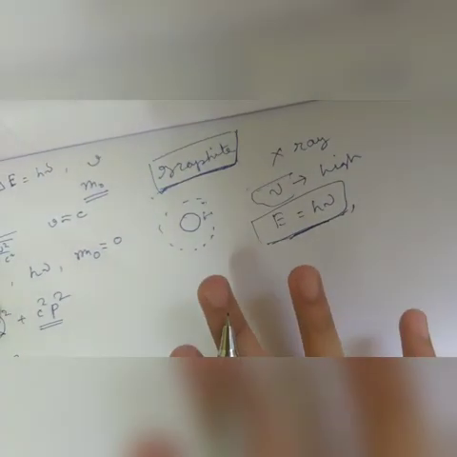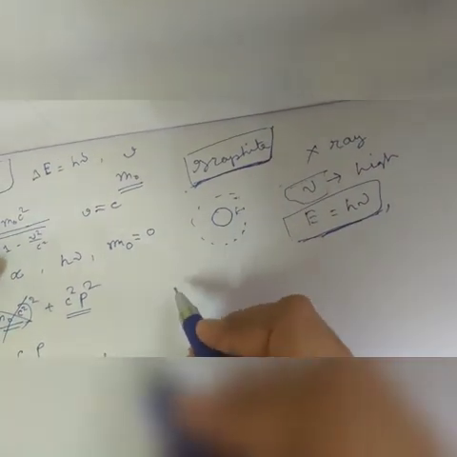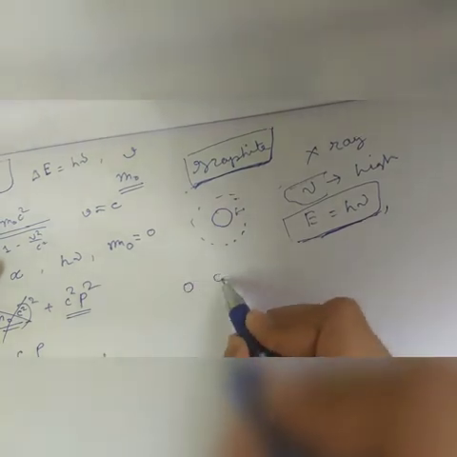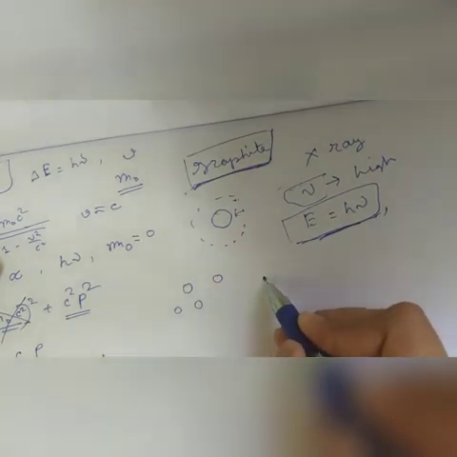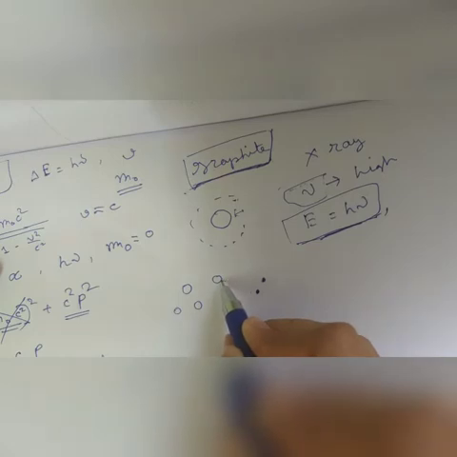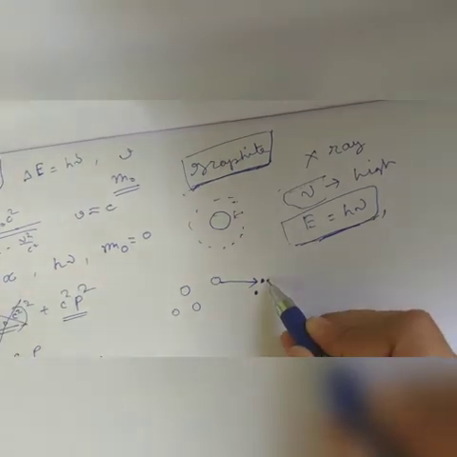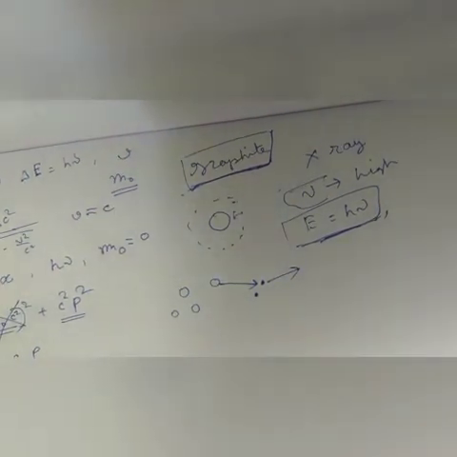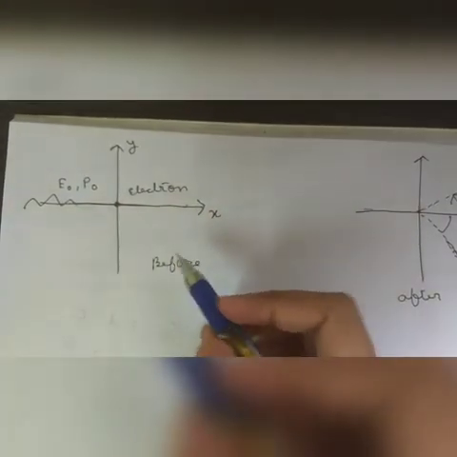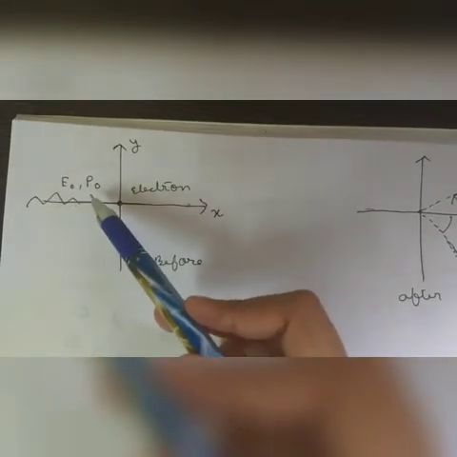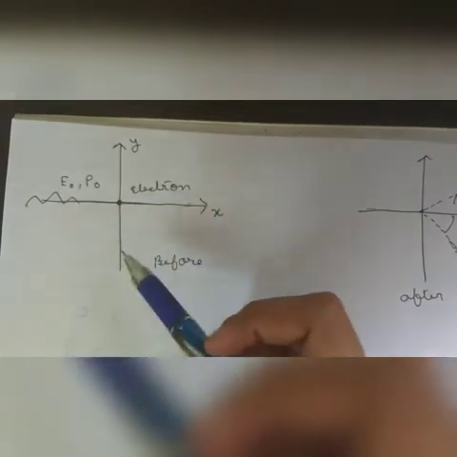So electrons are free in this case, and the whole process happens between the photons, the particles of light, and the electrons. The photon comes and collides with the electrons in the graphite. Here we have drawn two figures describing the collision between the particle of light, that is the photon, and a free electron, and these electrons are once again assumed to be stationary.